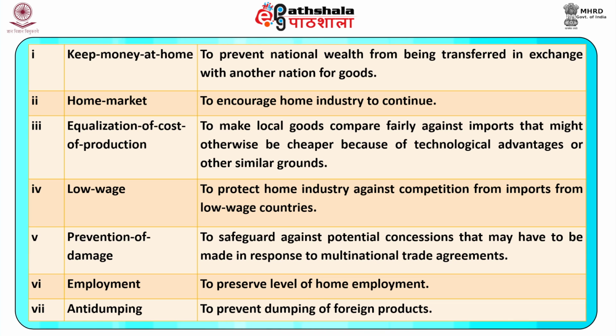The fifth is prevention of damage, that is to safeguard against potential concessions that may have to be made in response to multinational trade agreements. The sixth is employment, that is to preserve level of home employment. Seventh is anti-dumping, to prevent dumping of the foreign products.